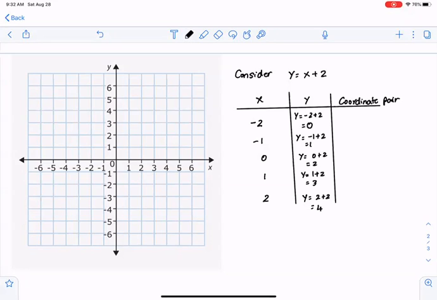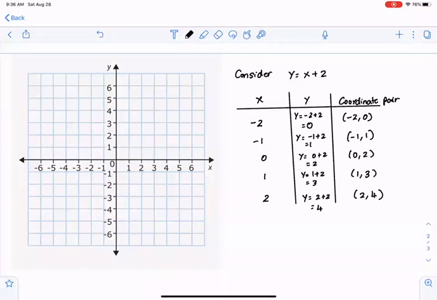So we have (-2, 0), always x first, followed by y. (-1, 1), (0, 2), (1, 3), and (2, 4). And those are the coordinate points corresponding to the 5 x values that we arbitrarily created.